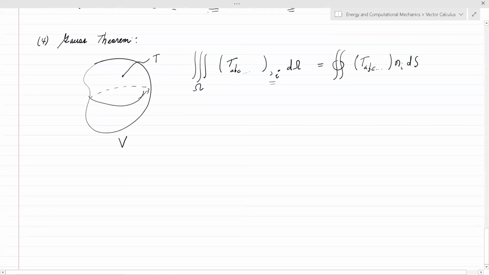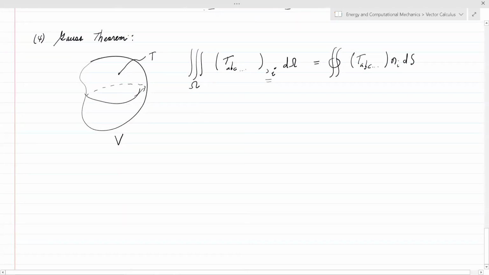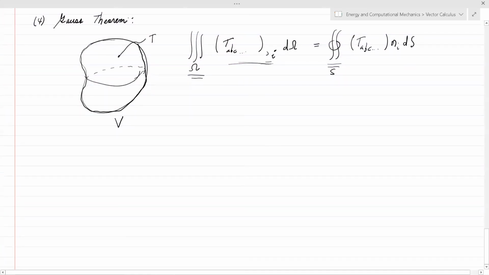Now, I want to teach you how to do that with integration by parts, because that's what Gauss theorem is. I took a volume quantity and converted it to a surface integral. The boundary of this volume is a surface, and that's the physical meaning. I know the gradient of the quantity inside the body, and I'm trying to relate it to what's going on at the surface, which is incredible that I can do that.